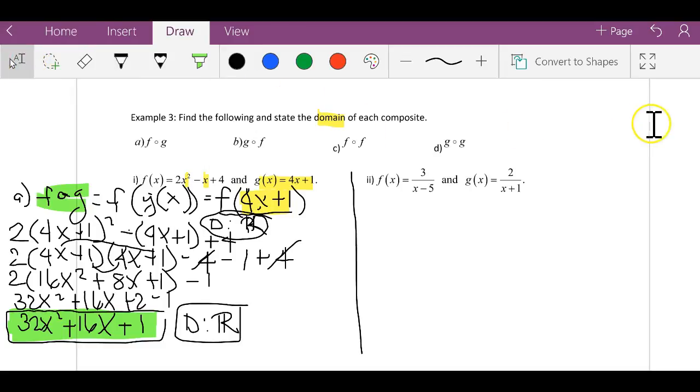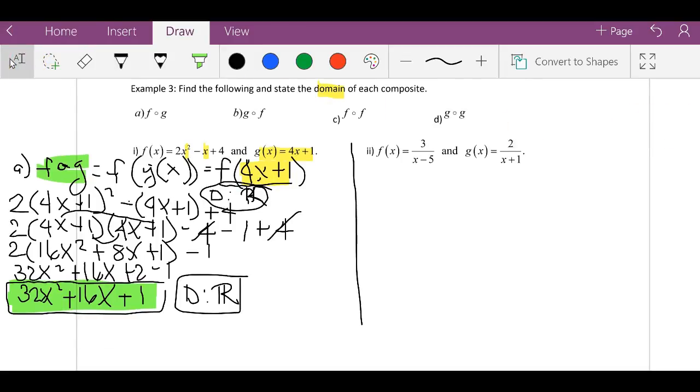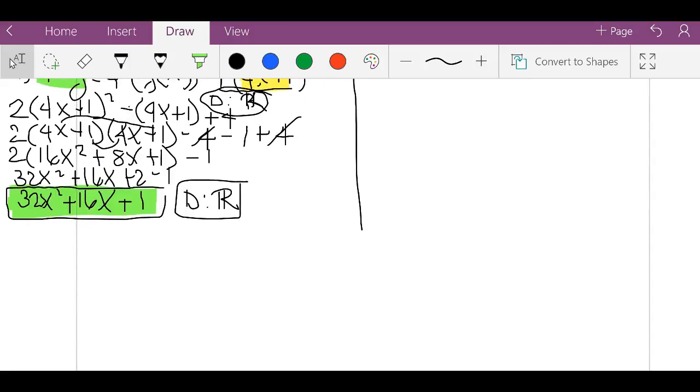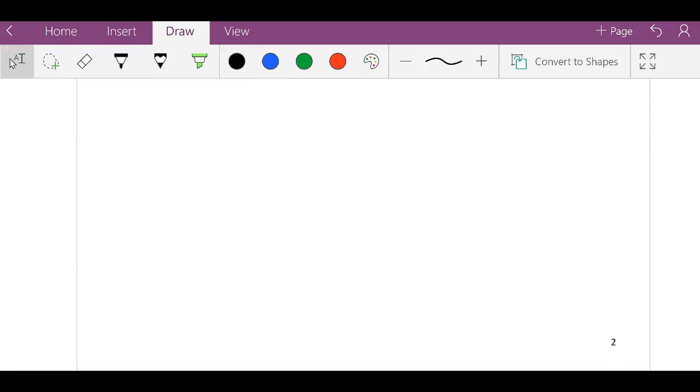So what I would like for you to do is take some time, do B right here, then take some more time and do C underneath it, and I'm just going to do D at the very bottom, okay?